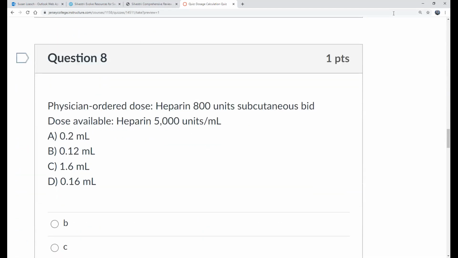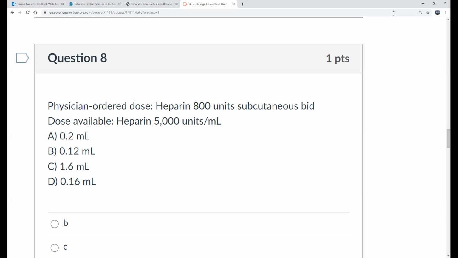Okay, how about this one? I got 0.16. Okay, so 800 divided by 5,000, right?